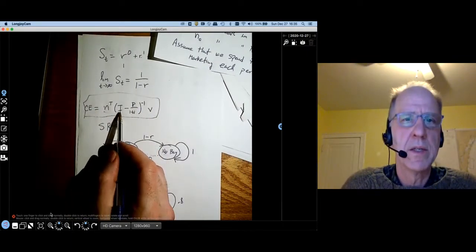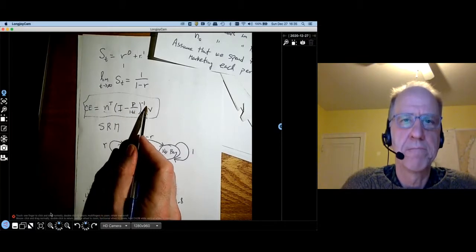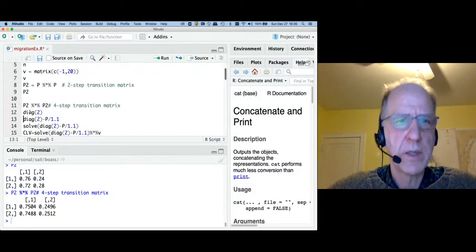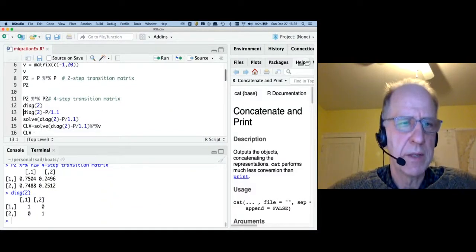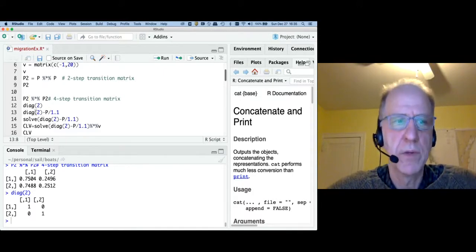What I need is the identity matrix minus P over the discount rate, inverted. In R, you can make yourself an identity matrix just by saying diag. So diag(2) would give you a 2 by 2 identity matrix.